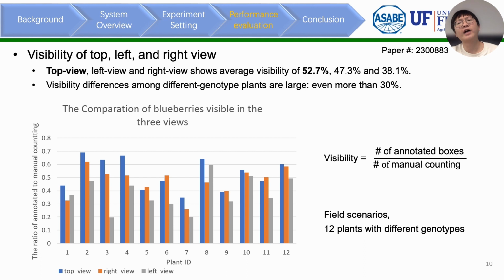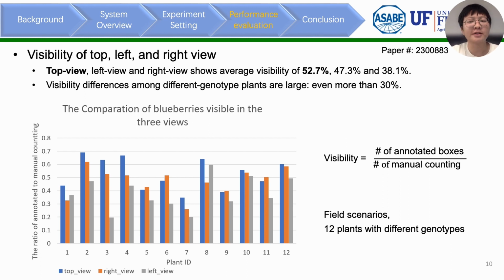Now, we have already evaluated the detector performance, and it can detect about 80% of the blueberries in the image. But what's the gap between the prediction and the real number of blueberries? We tested the detector with 12 plants. For each plant, we manually harvested and counted the number of blueberries, and then calculated the number of annotations from the corresponding 3-view images.